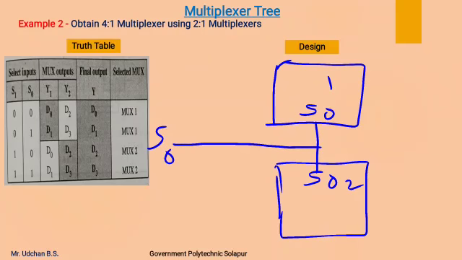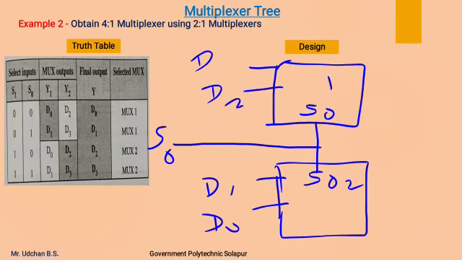Both are 2:1 multiplexers, so these are the two inputs of this first multiplexer, and these are the other two inputs of the second multiplexer. I will name them D0, D1, D2 and D3, which are going to act as the 4 inputs of the 4:1 multiplexer.